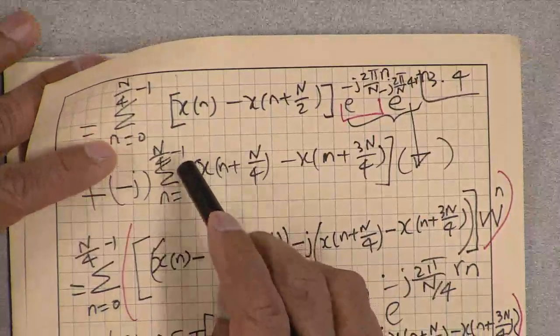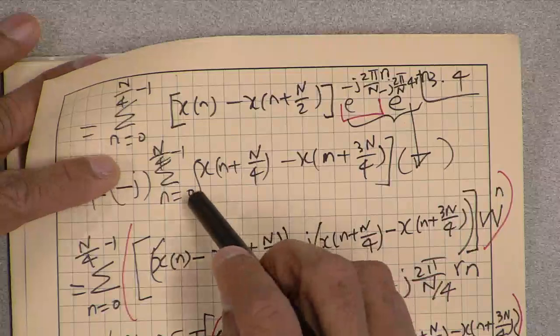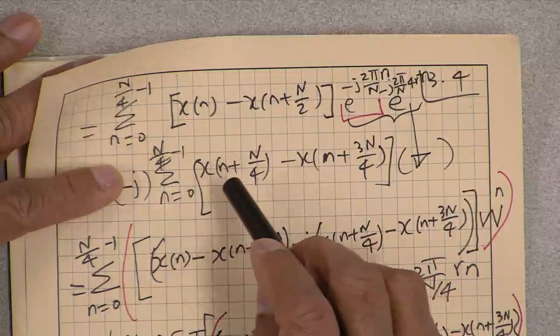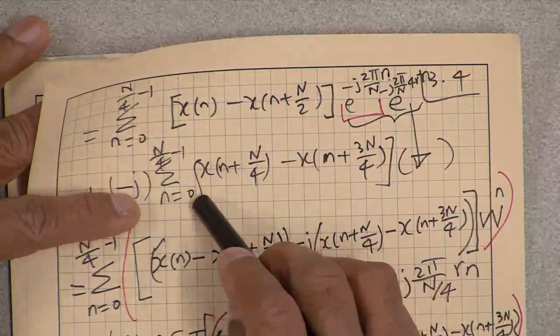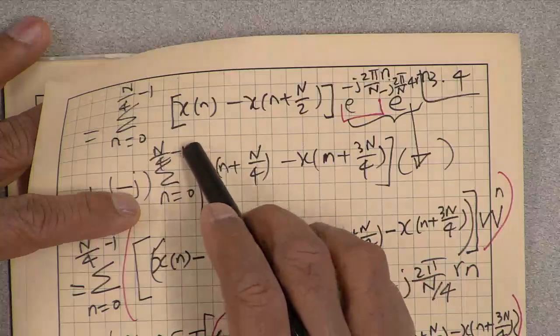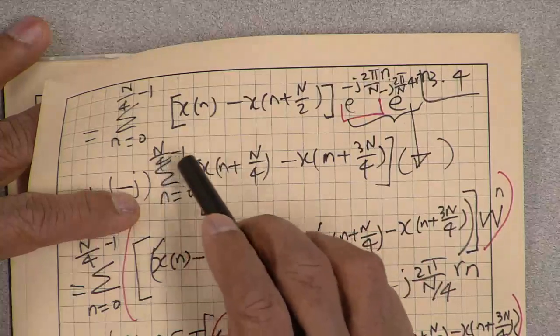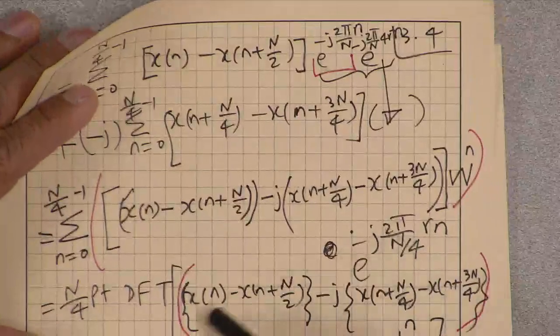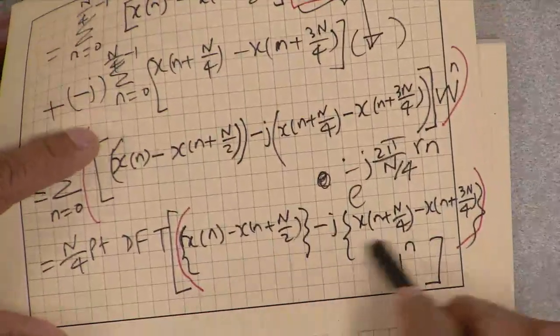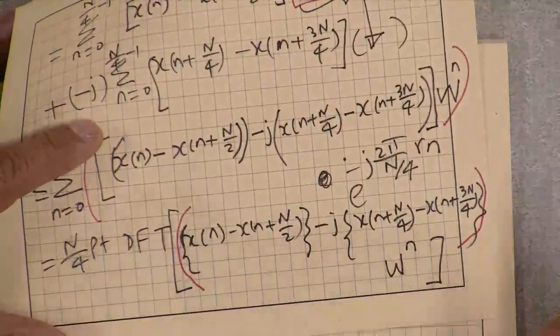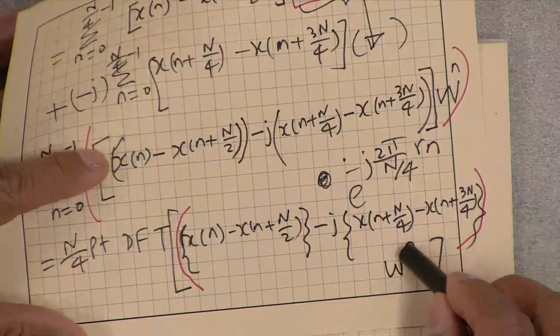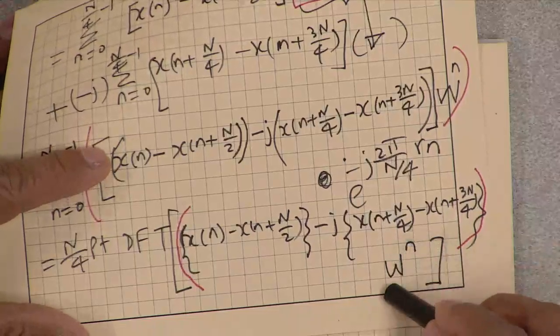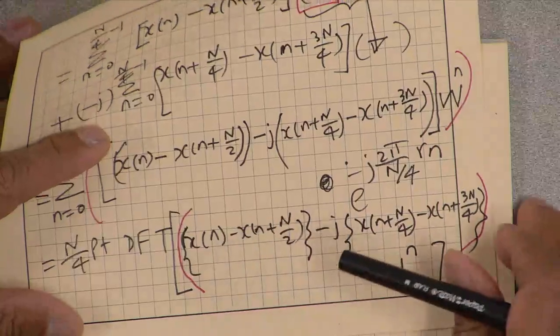So this n will take two values, 0 and 1. And this will eventually be a 2-point DFT, n by 4. And this n will take two values, 0 and 1.